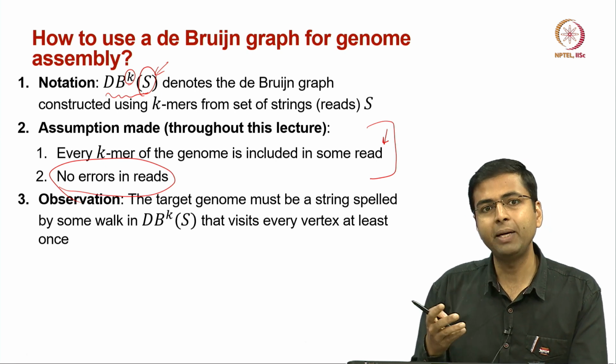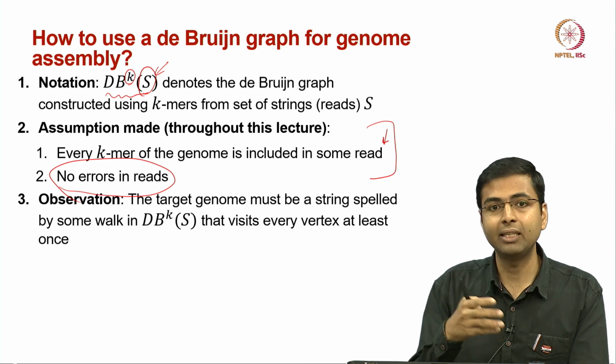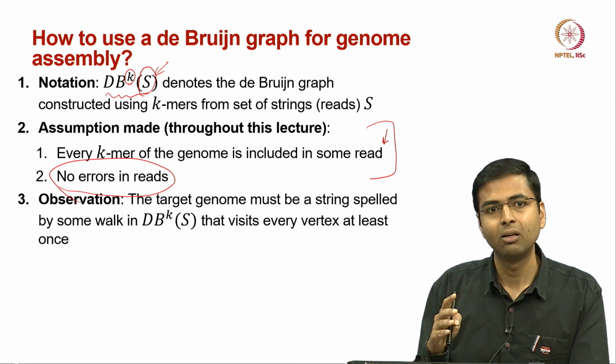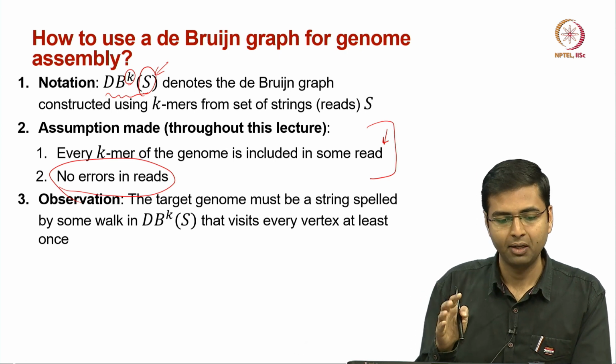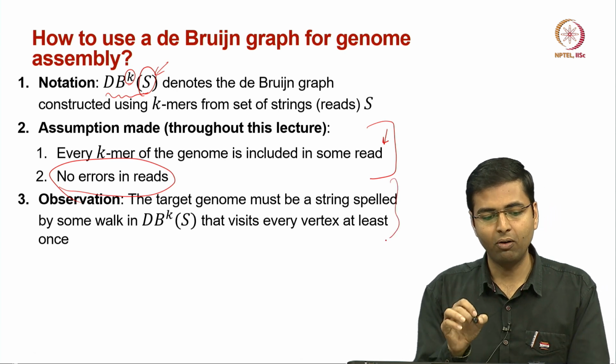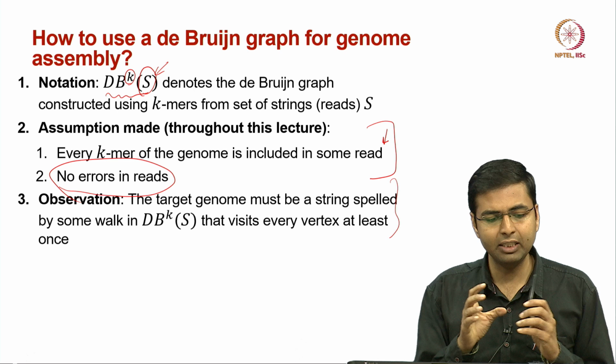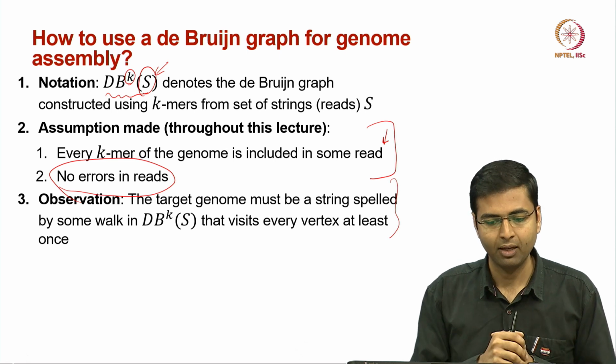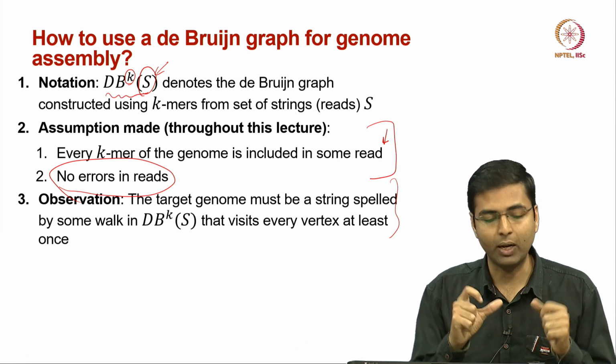Because of the repeats we may need to cover some vertices twice or thrice, but that is a separate issue. So, from this we can say that the target genome must be a string spelled by some walk in the de Bruijn graph that visits every vertex at least once.